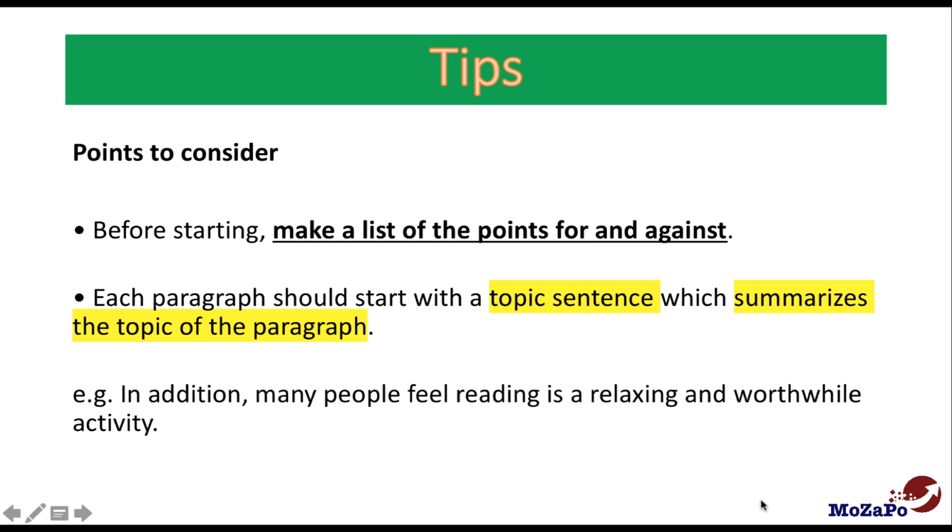For example, "In addition, many people feel reading is a relaxing and worthwhile activity." So it is the summary of one paragraph. In the paragraph, I know that I'm going to read about reading and about it being a relaxing and worthwhile activity.